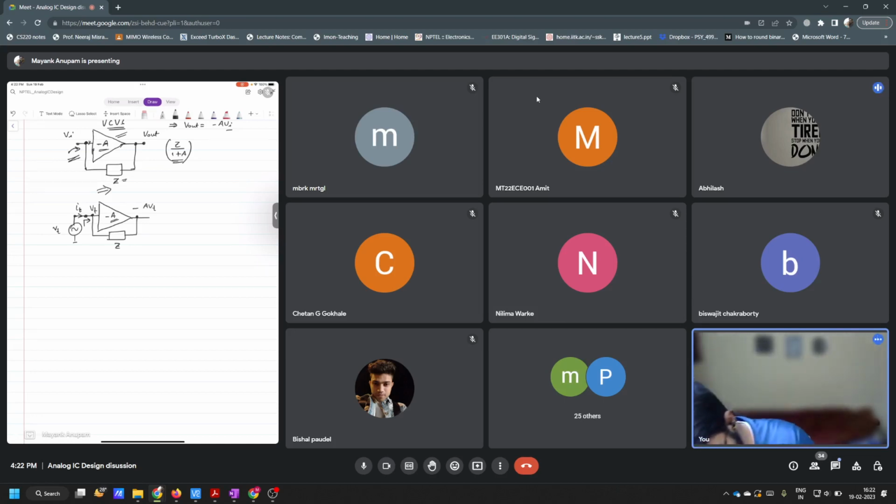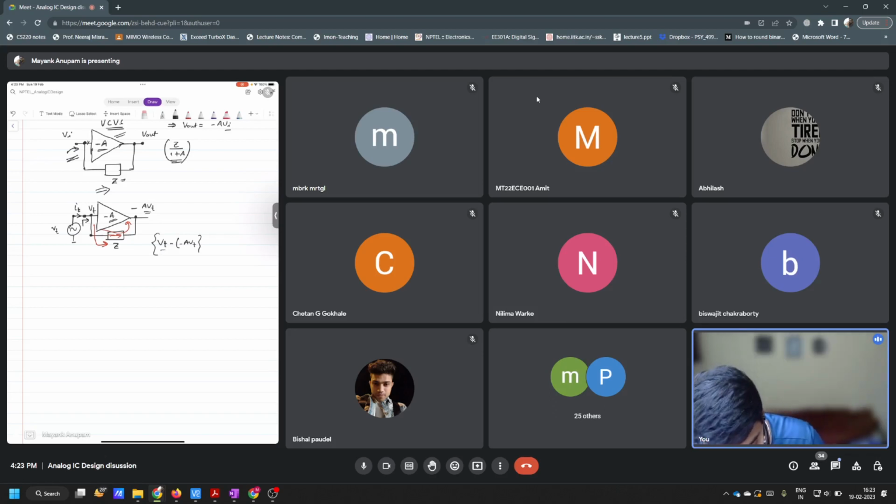So what is the current flowing through this Z? Through this Z, one of the terminals is at potential Vt and the other is at minus A Vt, right?